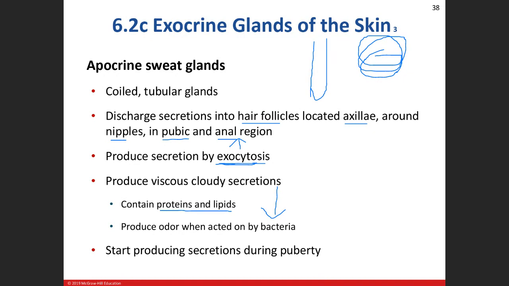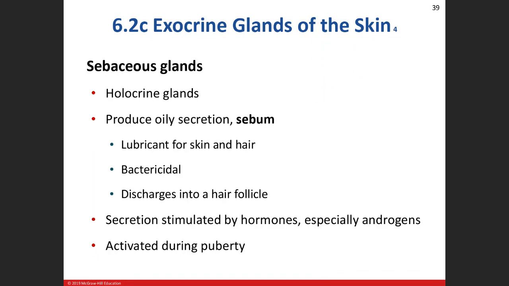Especially if they have bad bathing habits and they're not taking a shower or bath once or twice a day, that bacteria gets plenty of time to metabolize that stuff, and so people can stink. So these types of glands don't become active until puberty, but when they do, their secretions are going to be more viscous, thicker, because of those proteins and lipids.